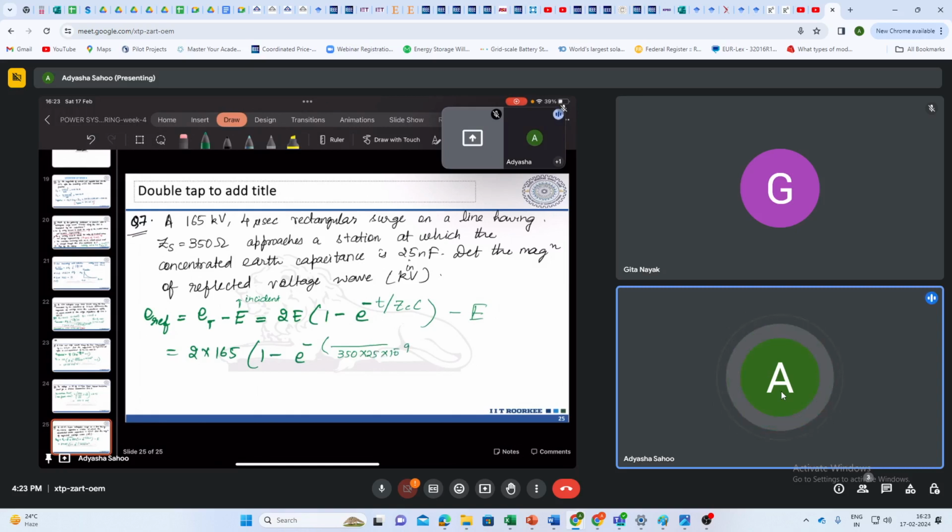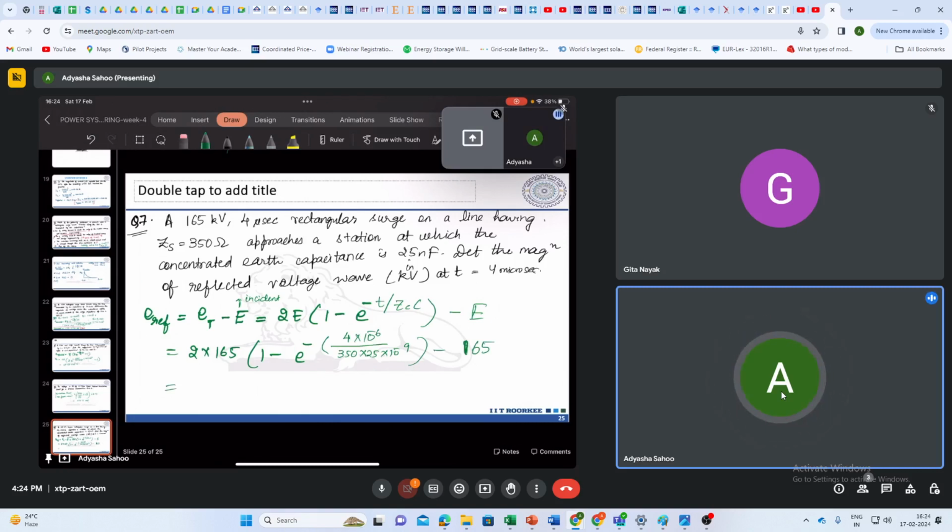I think the information is given here at t is 4 microsecond. So here I get 4 into 10 to the power minus 6, minus 165.